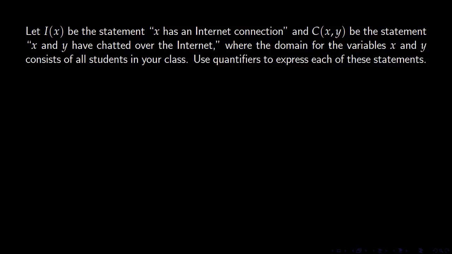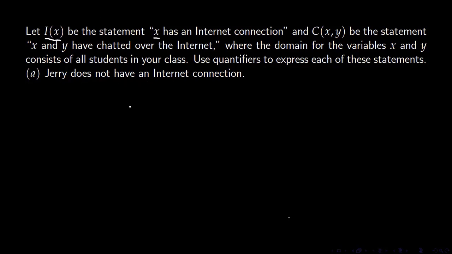So the first statement is: Jerry does not have an internet connection. So a student Jerry is not having an internet connection. How to express this statement using quantifiers or a logical expression? Here I(x) is the statement x has an internet connection.